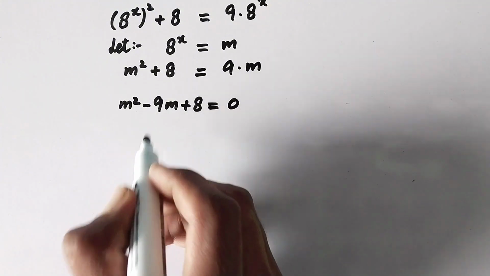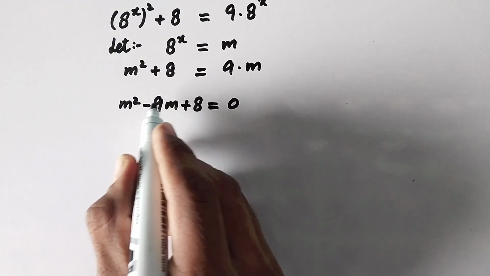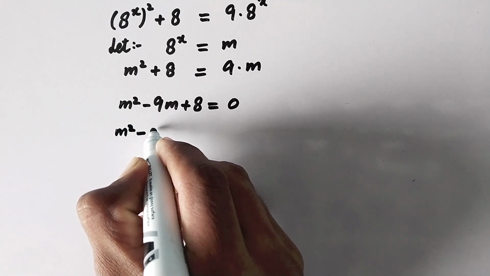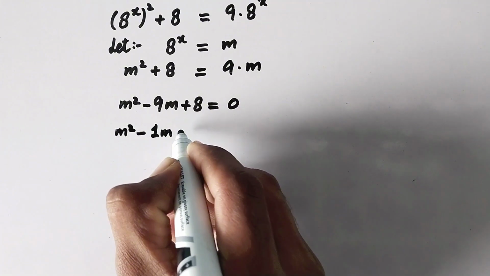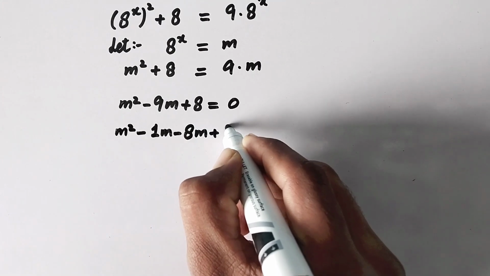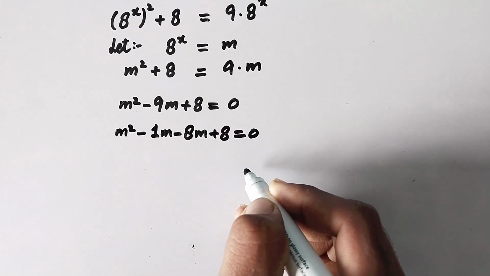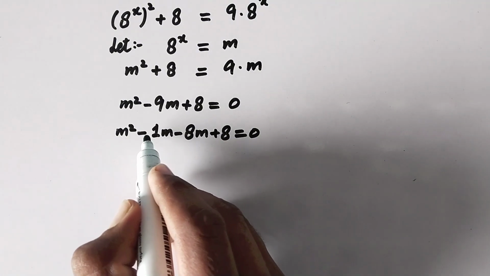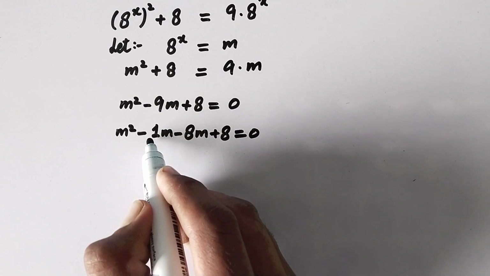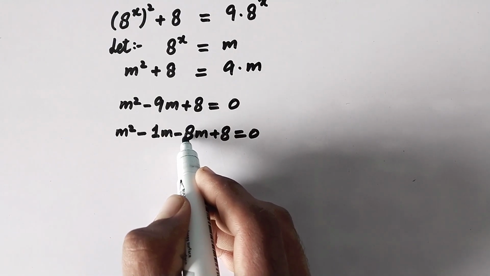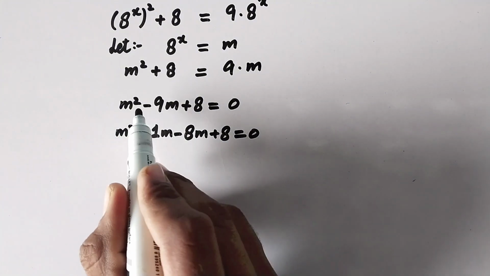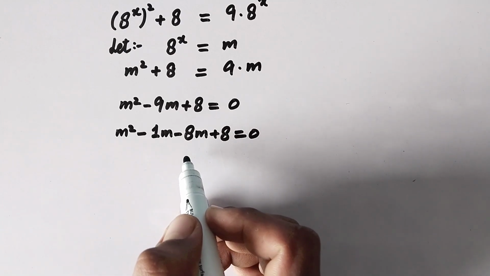We can solve it by factorization, so its factors may be m squared minus 1m minus 8m plus 8 is equal to 0, because minus 1 and minus 8 add to minus 9, and minus 1 multiplied by minus 8 is positive 8. So the perfect factors of this equation are minus 1 and minus 8.